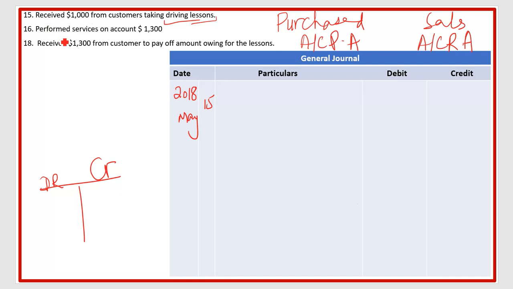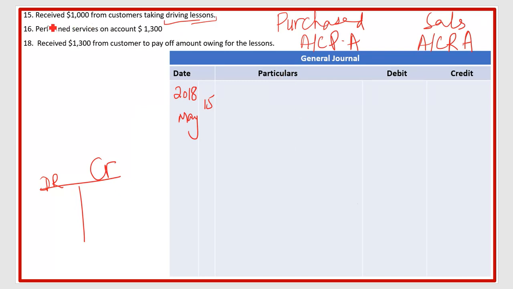So when we perform services, suppose you are a doctor, an engineer, a lawyer or a consultant, when you perform some services for customers, then you have to think whether you have received cash or the customer says that he or she will pay you in the near future.